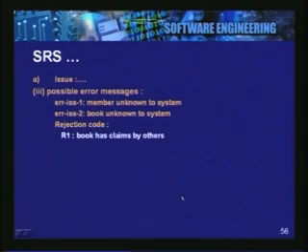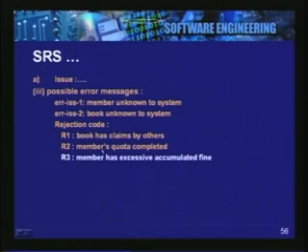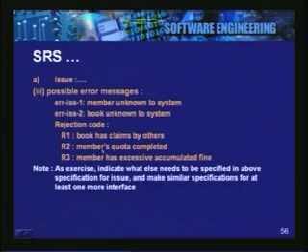The transaction may be rejected, and the rejection details are also given as a part of this interaction: the book has been claimed by somebody, or the member's quota has been completed, or the member has excessive accumulated fine. These may be the different types of messages which may come from the system as a part of the issue function. You should make similar specifications for other functions for the library.